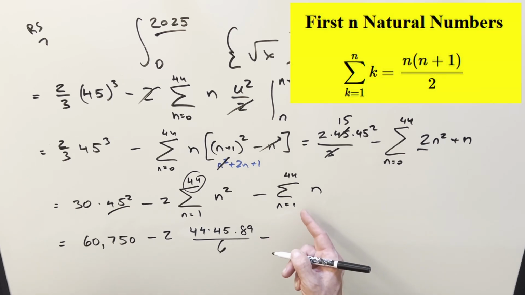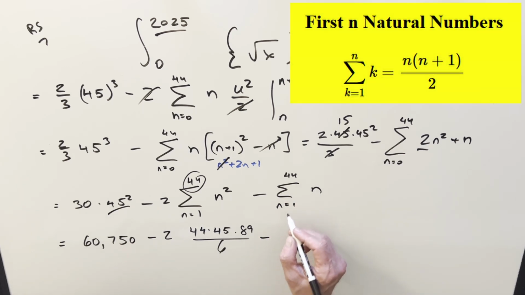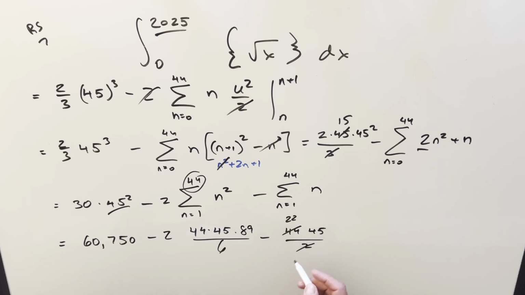The formula for the first 44 natural numbers, it's going to be 44 times 45 over 2. Because I can cancel this with this and get 22. If I think about it like 2 times 11, 2 times 45 is 90 times 11. This part's 990. So let's see, if this is 990, what is this thing right here?